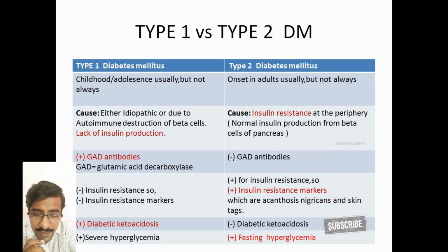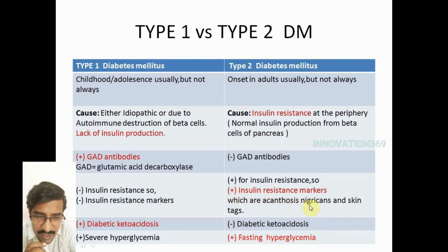Once again, in type 1 diabetics, we don't see insulin resistance markers. But in type 2, insulin is produced normally, but because there is insulin resistance at the periphery, we see the insulin resistance markers in these patients, which are acanthosis nigricans and skin tags.